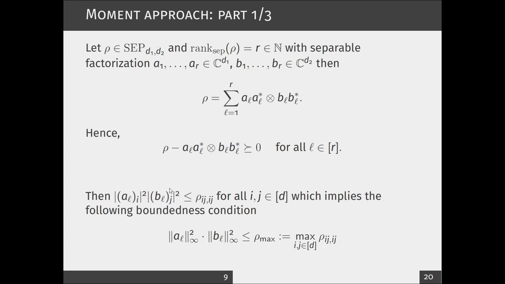In particular, on the diagonal, we can then see we have this bound on the sizes of the factors, the A_l's and B_l's. And this bound we can formalize with the rho max, because later on we will not know what the factors are; it is unknown to us a priori.